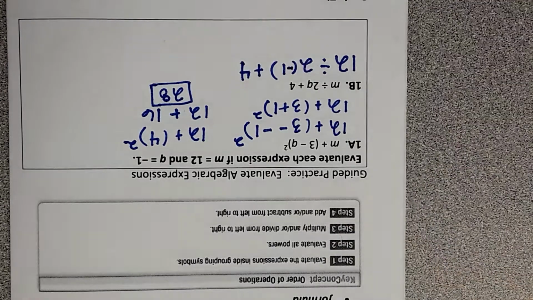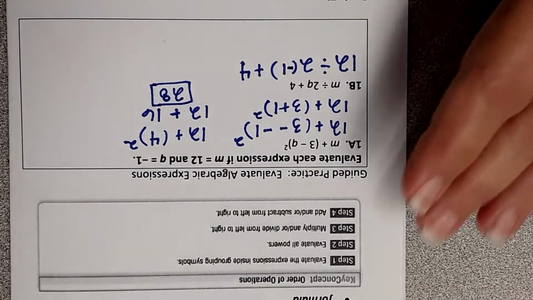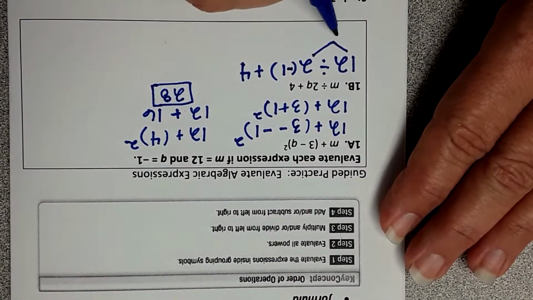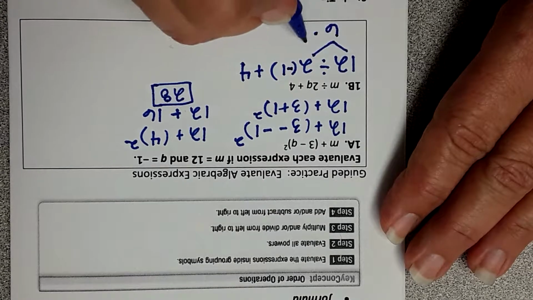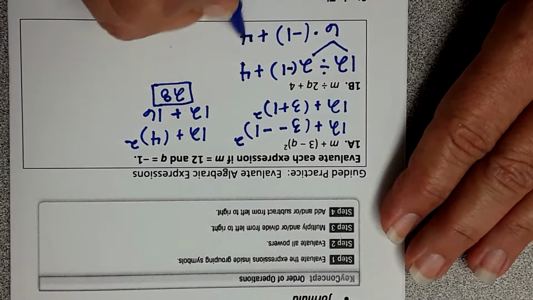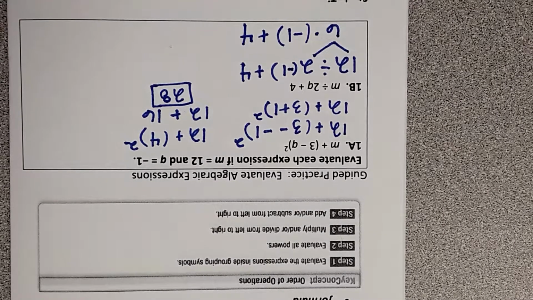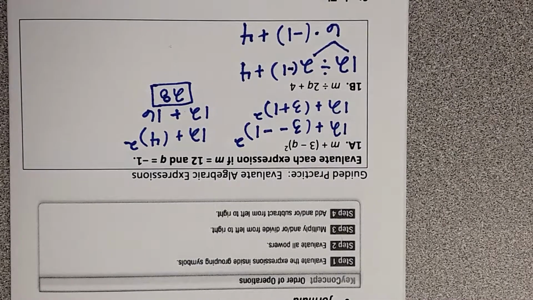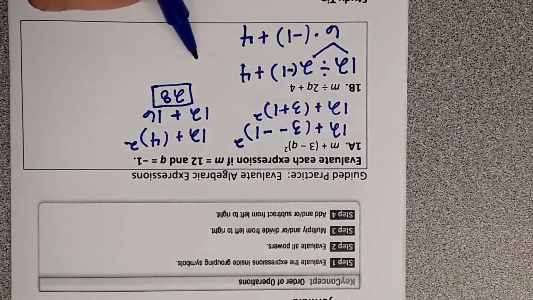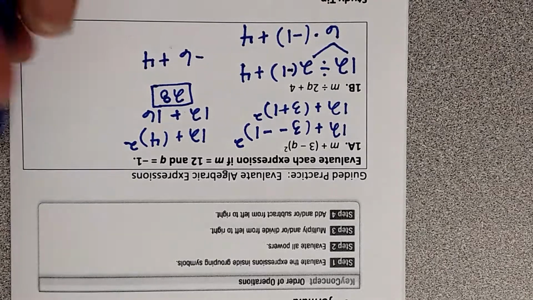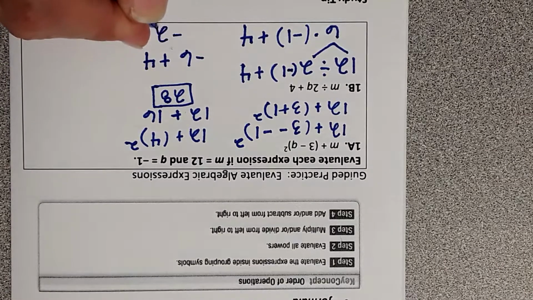Because it's 2Q, we're going to do the division. So 12 divided by 2, we're going to do this 2 first. 6, then times -1 plus 4. Six times -1 is -6 plus 4. -6 plus 4 is -2.